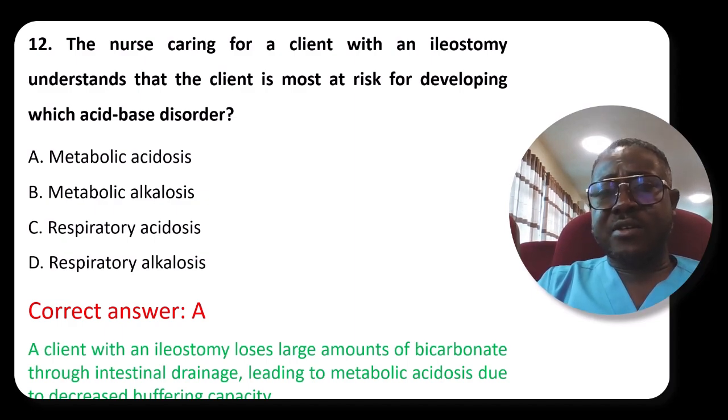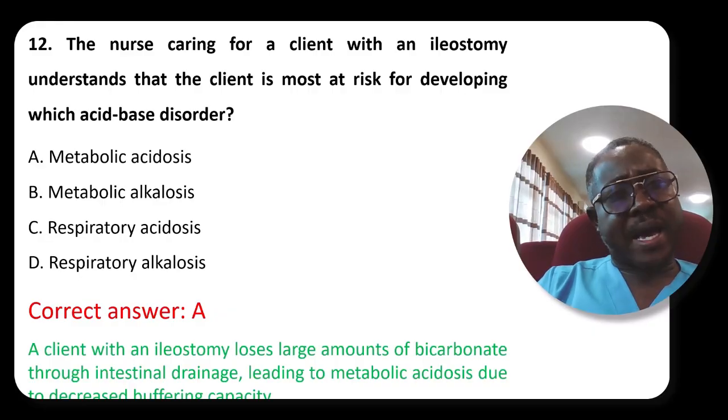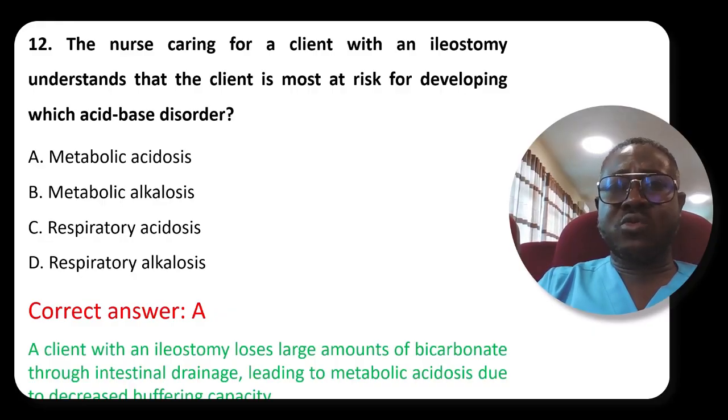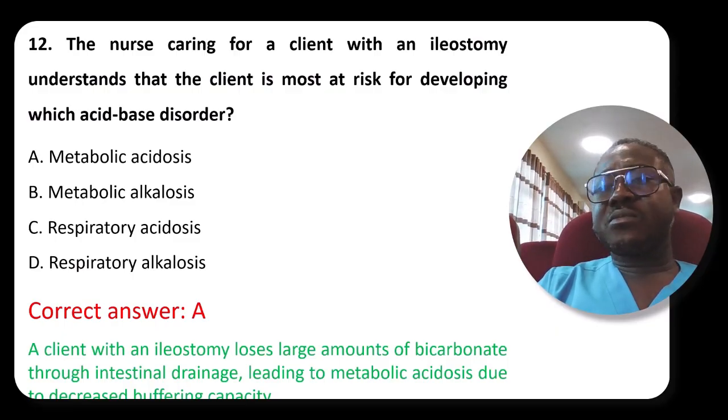Okay, so a similar question can be: a patient is having profuse diarrhea. You are bringing out what? Bicarbonate. Ileostomy, we are bringing out what? Bicarbonate. So the bicarbonate level in the system will reduce, whilst the acid remains the same or increases. Since we are bringing out bicarbonate, the acid level remains constant or is increasing, and that will lead to what?